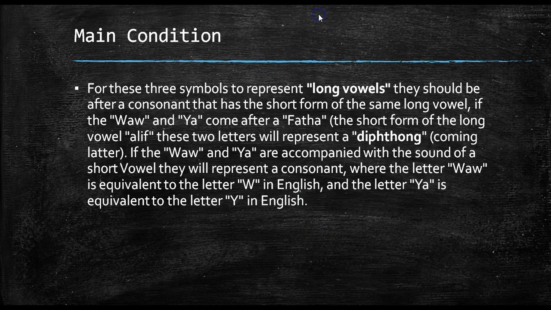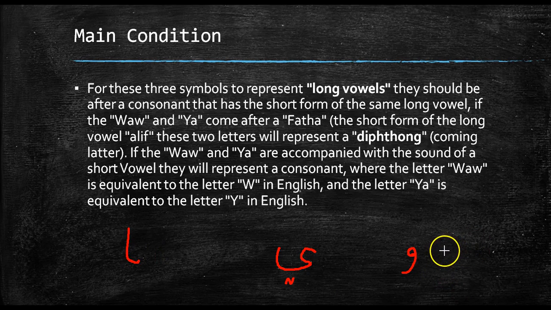Okay, what if the letter before them is not with the short form of its long vowel? We said that the alif is always with the short form of its long vowel, because alif is always a long vowel. But what about the waw and the ya?